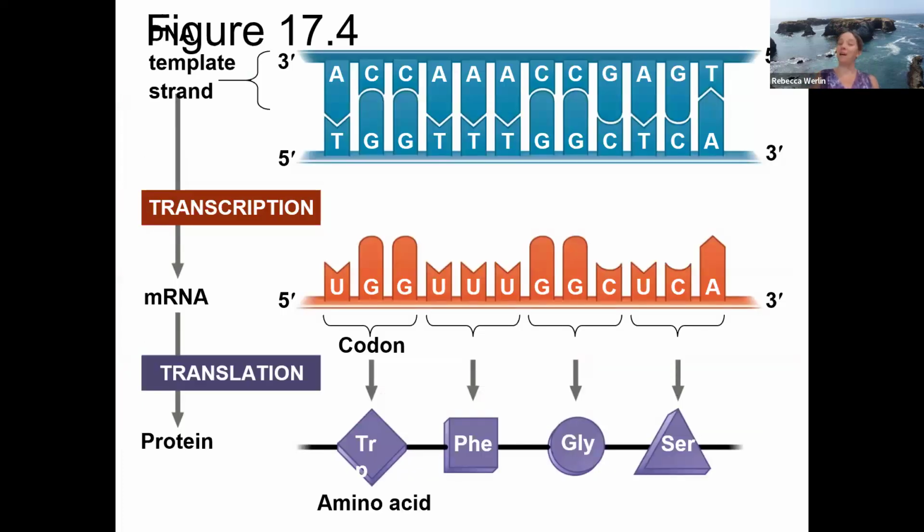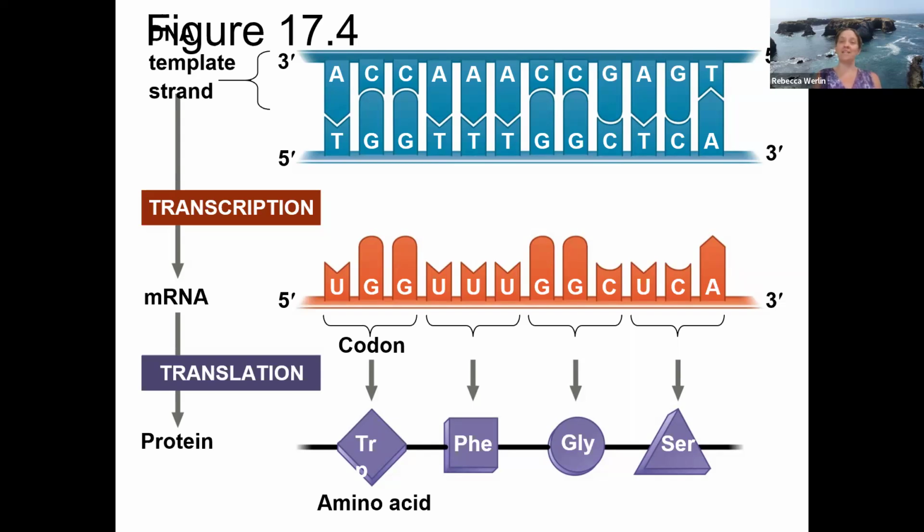So we have the template strand that RNA polymerase uses to polymerize and transcribe messenger RNA from. The messenger RNA will match the coding strand, T for U, but G for G, C for C, and A for A. And that coding strand matches the messenger RNA transcript.